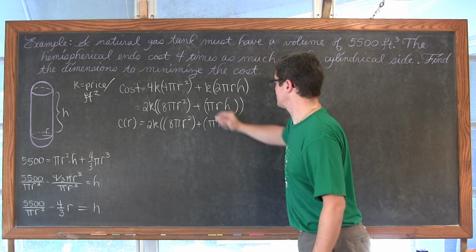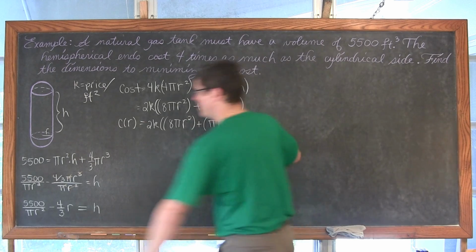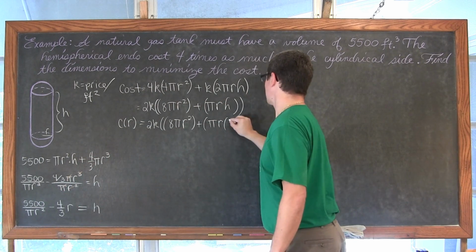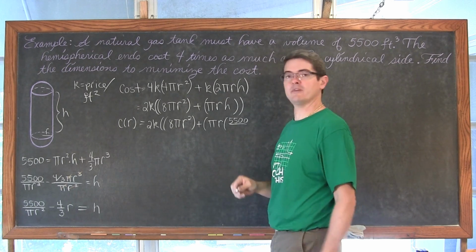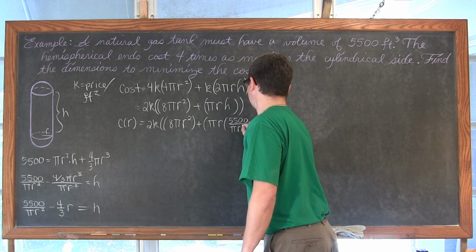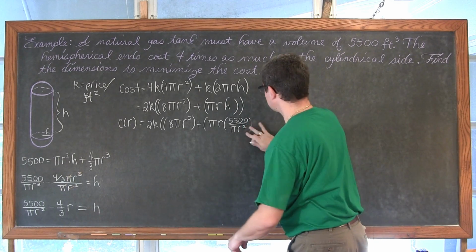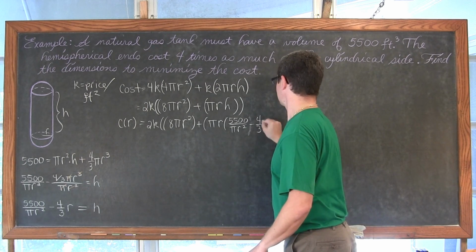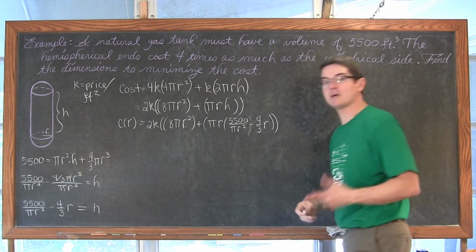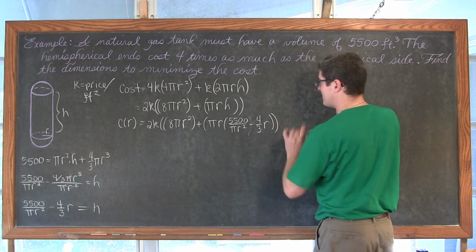The h is equal to 5,500 divided by pi r squared, minus 4/3 r. You can see why sometimes it's better for me to pause the video and write this instead of writing and thinking and talking at the same time.